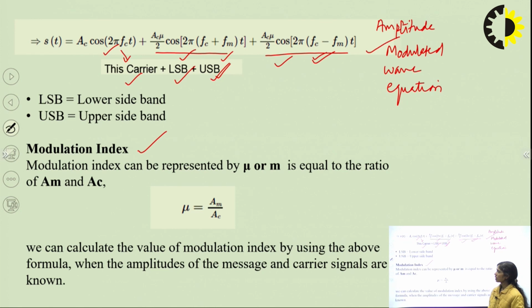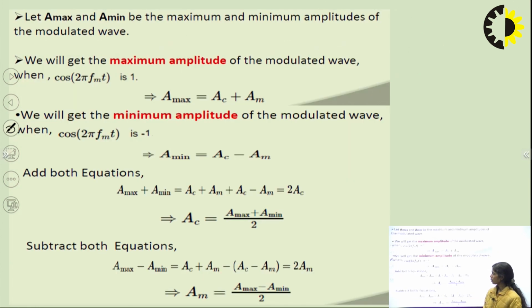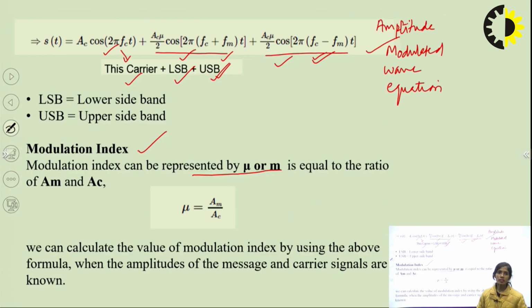What is this modulation index? It is represented by mu or m, and it is equal to the ratio of the amplitude of the message signal to the amplitude of the carrier signal. So we can calculate the modulation index by this formula by taking the amplitudes of the message and carrier signals.